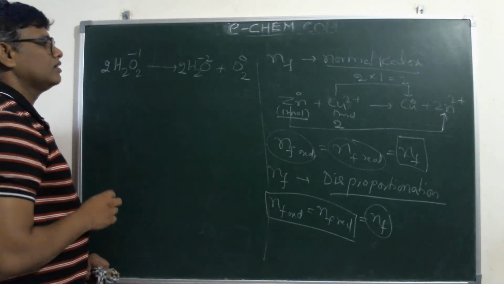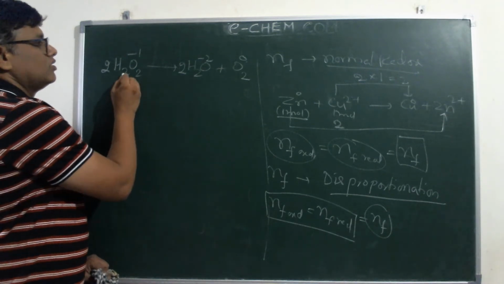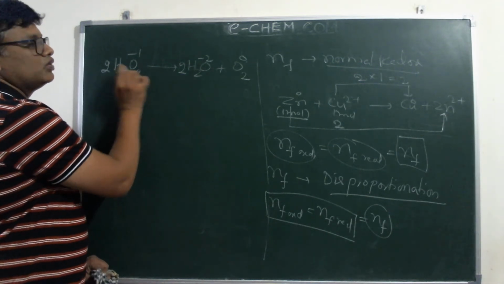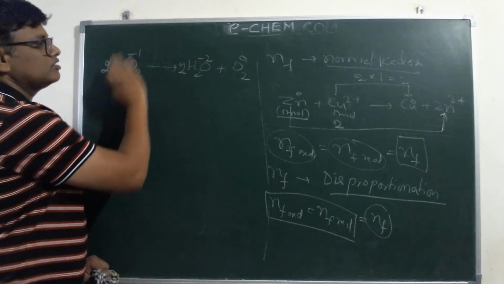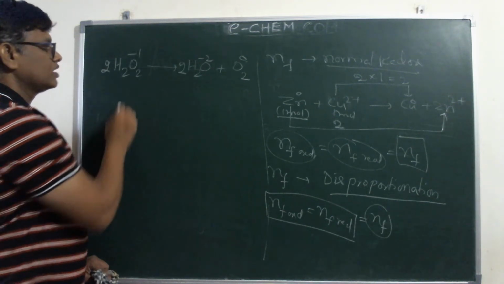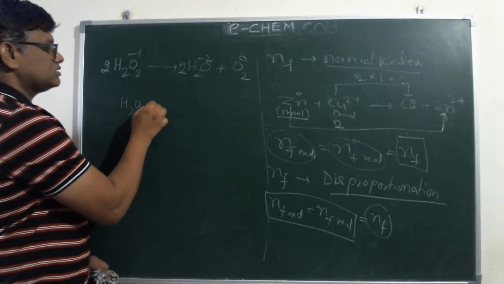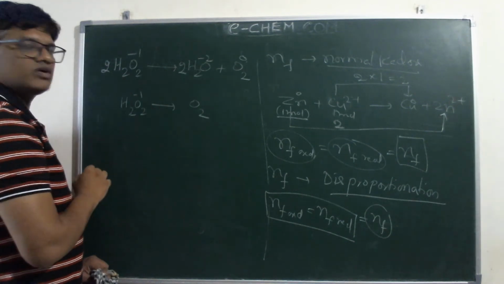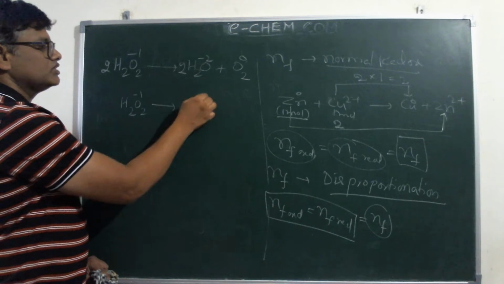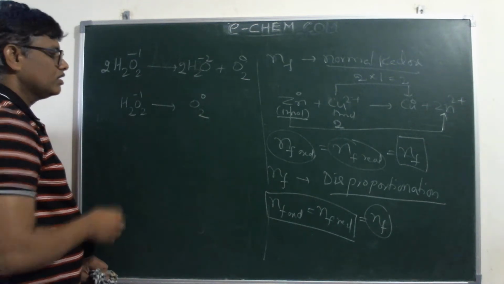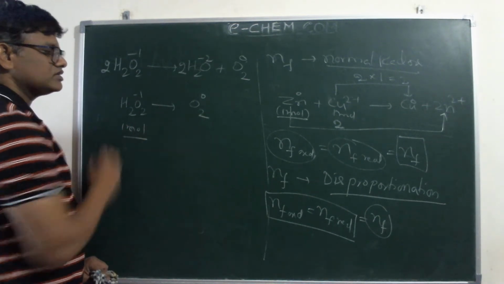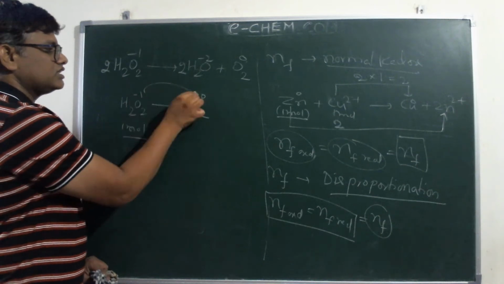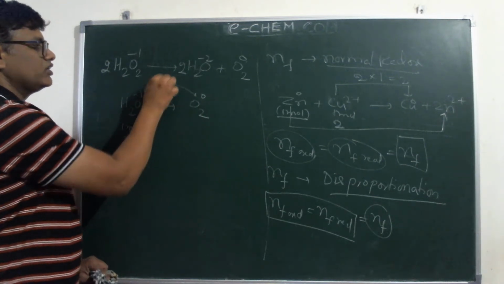So one element is showing 3 different oxidation states, which is why this is called a disproportionation reaction. In this case, 1 mole of H2O2 is undergoing oxidation and another mole is undergoing reduction. H2O2 giving O2: the oxidation state of oxygen changes from -1 to 0, which is 1 unit.